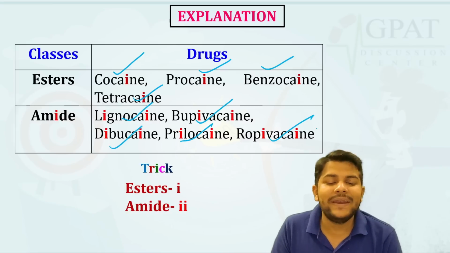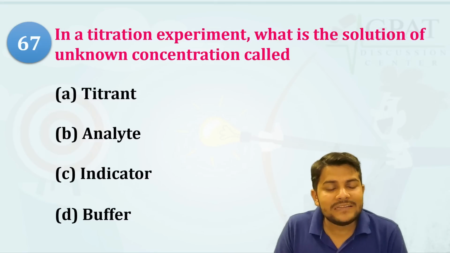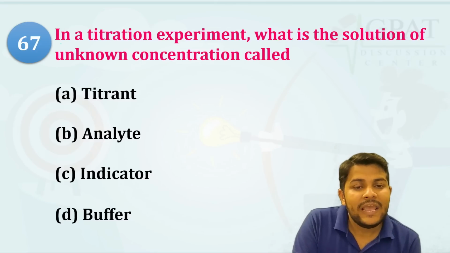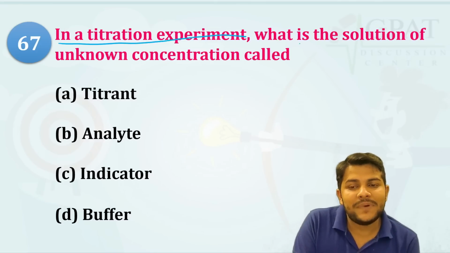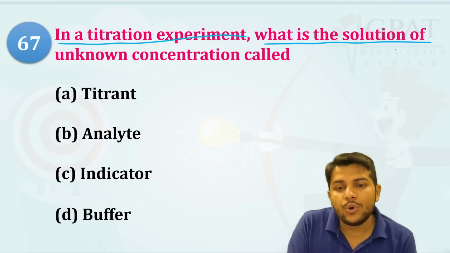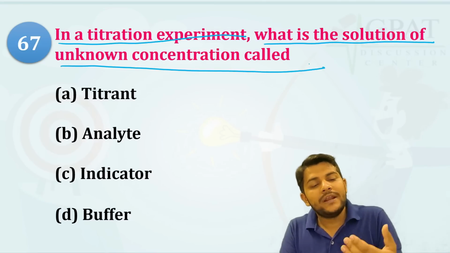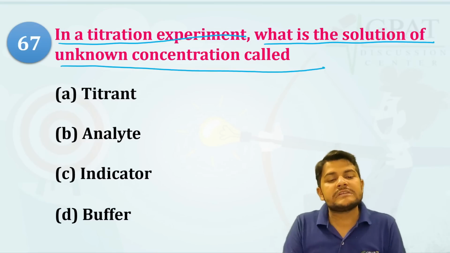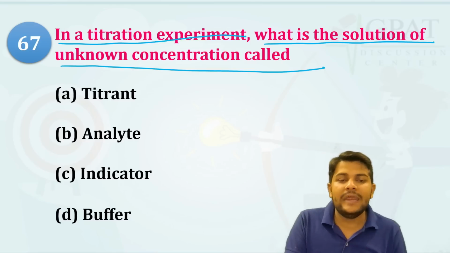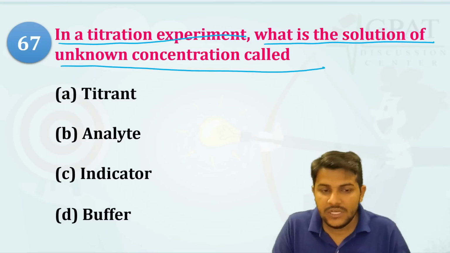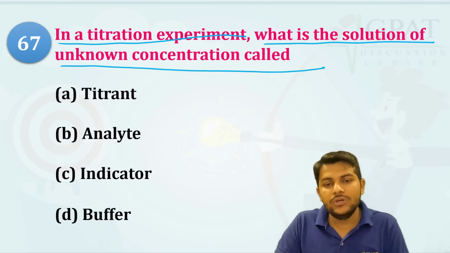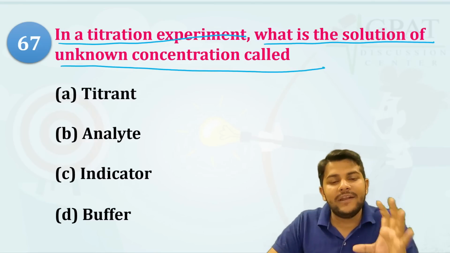So we can say it is the compound of unknown concentration. The analyte is taken in the conical flask, and its concentration has to be determined by the titration.